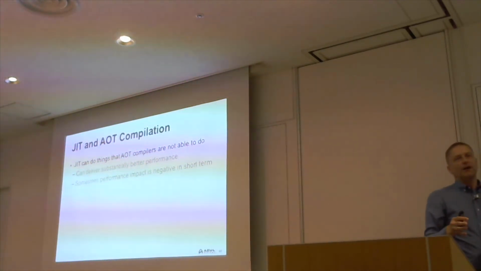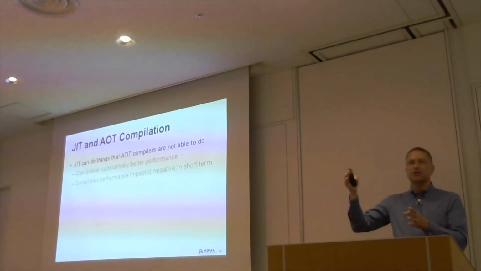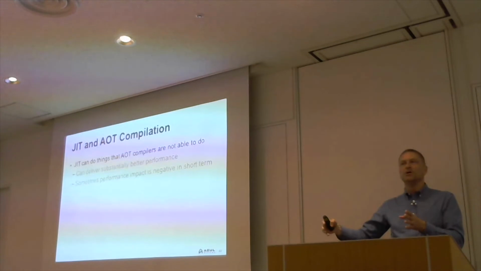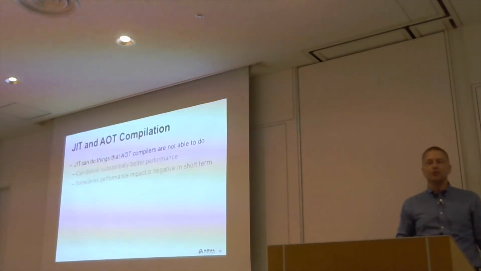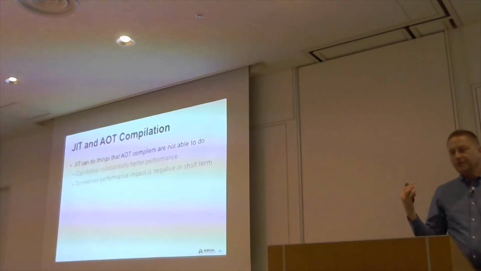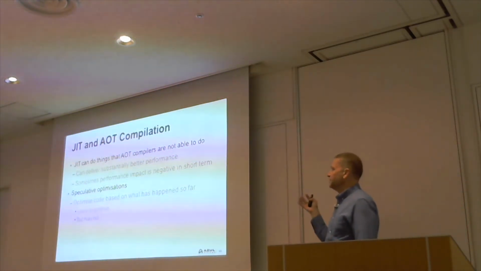In a JIT compiler, because it's running at the same time as the code, you know exactly which classes are loaded at any point in time, so you know exactly what method to inline, and you can make better improvements in performance. The other thing is what are called speculative optimizations.